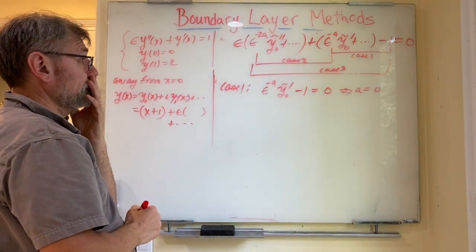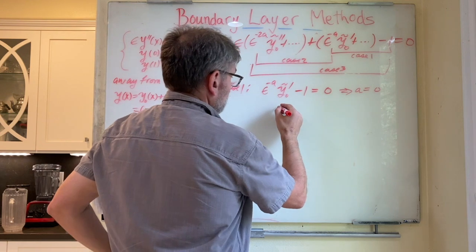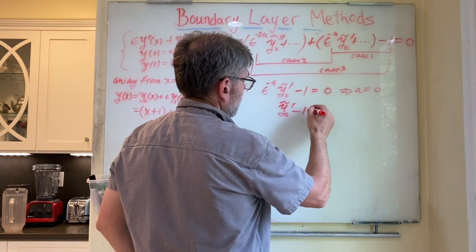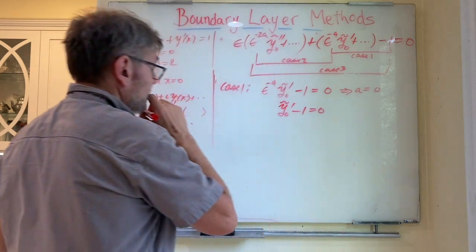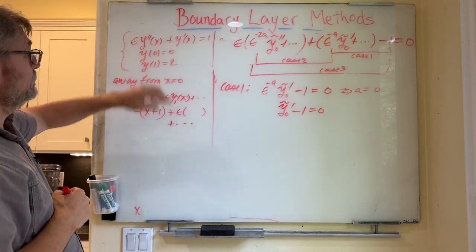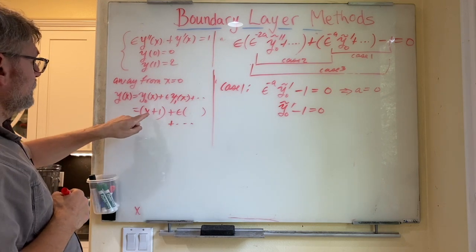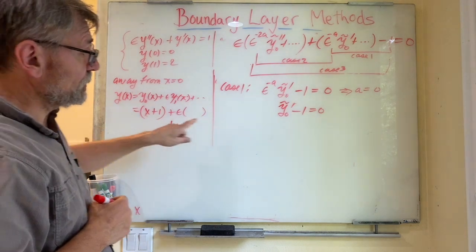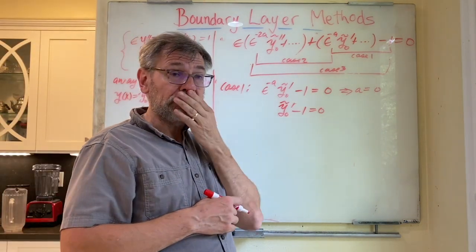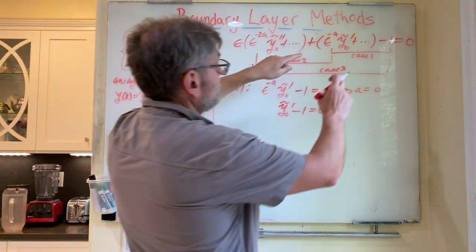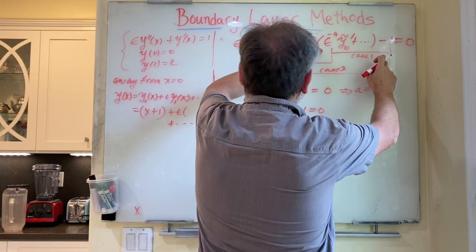And if a equals 0, then our leading order problem is just y naught tilde prime minus 1 equals 0. That returns the same solution we had over here. This gives back the same problem we had before, which is not the right balance close to the boundary layer. So this is not the one we want. We don't want to balance these two terms. That's what we had before.